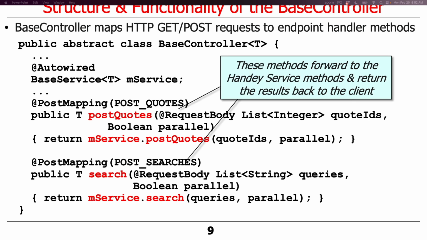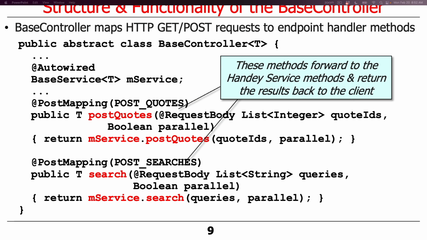We then have a couple of methods here, both of which are going to end up doing posts. These methods will receive the incoming HTTP post requests sent by the client, and then they'll forward them to the corresponding service methods that are part of the Handy or Zippy service, get the results, and then send them back to the client.